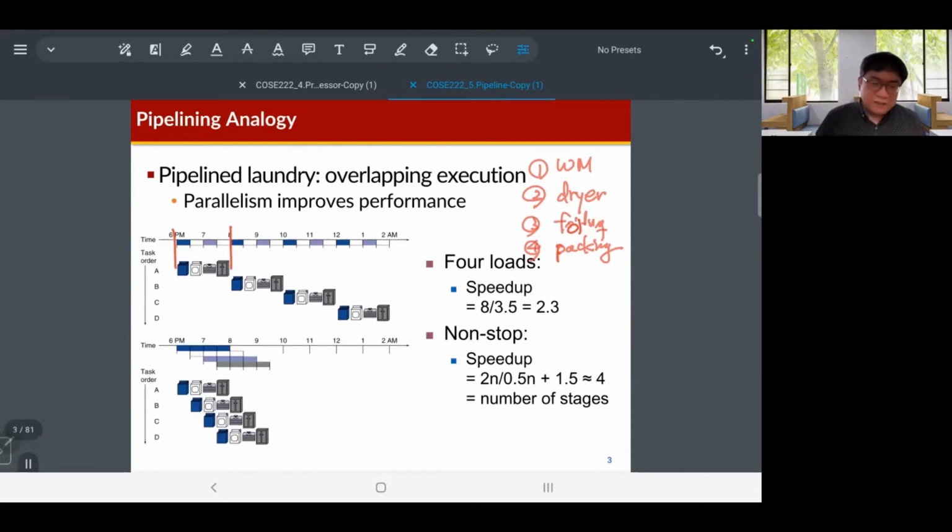For the next cloth, we also need another 2 hours, and then another 2 hours, another 2 hours. So to perform the laundry process for 4 clothings, we need to take 8 hours.